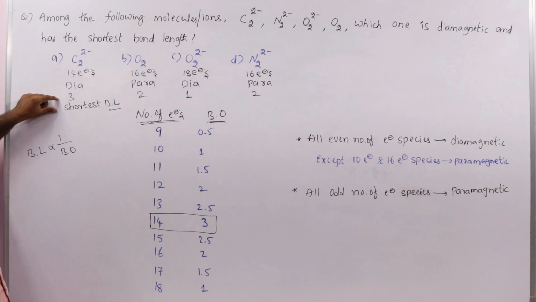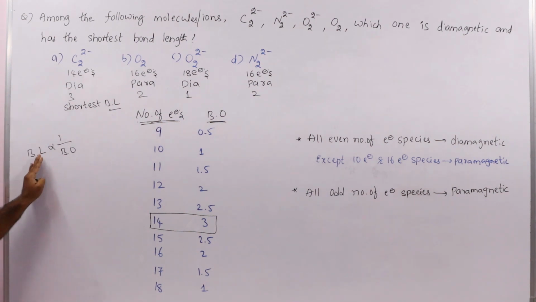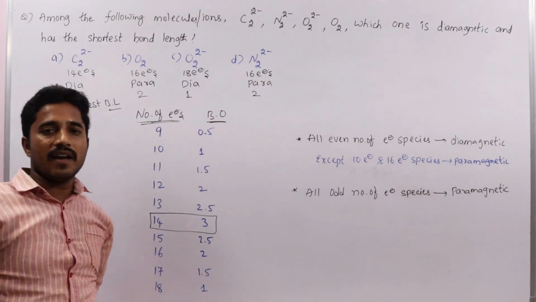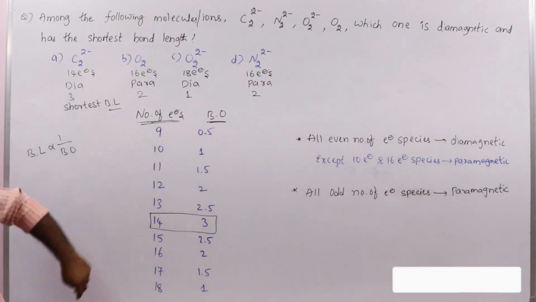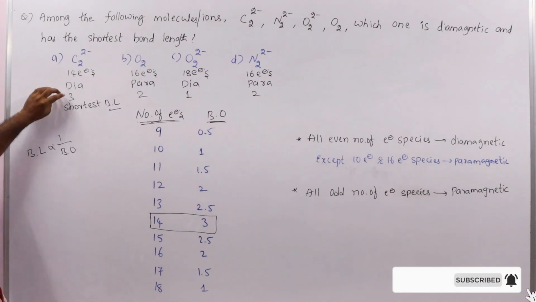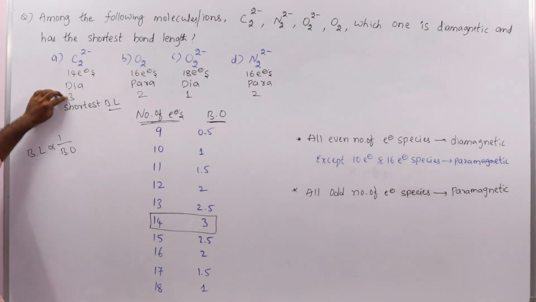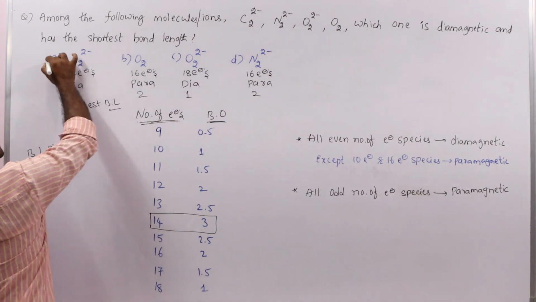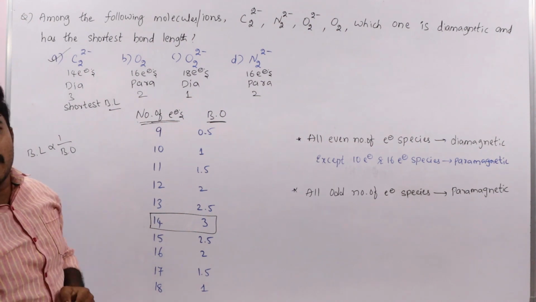Based on the bond order, we can find which one has the shortest and which one has the longest bond length. In the given options, C2 2 minus has diamagnetic nature, and because of bond order 3, the more bond order, the shortest bond length. So A is the correct option.